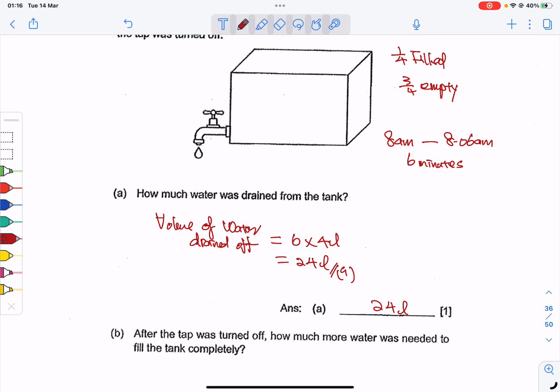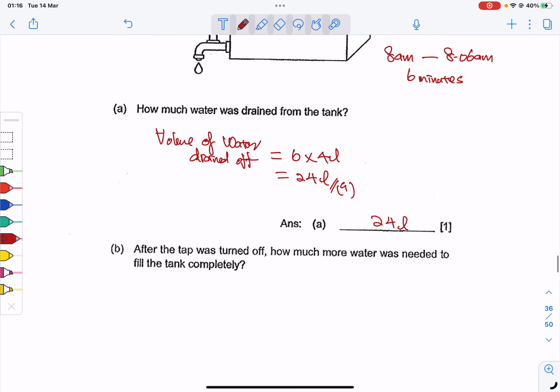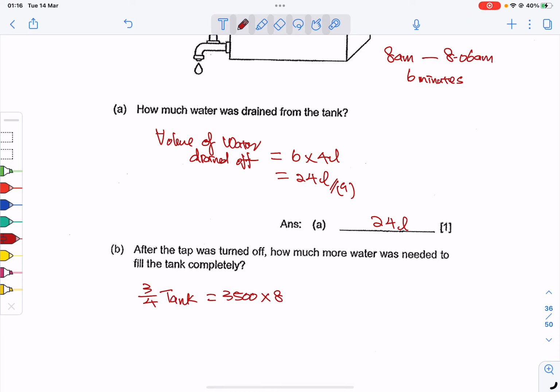After the tap was turned off, how much more water was needed to fill the tank completely? Okay, so we need to find out the 3/4 empty tank. So 3/4 of the tank will be the base area times the height and times 3/4 only.